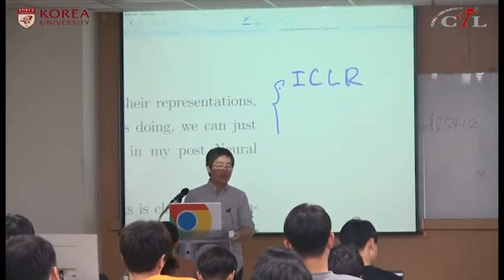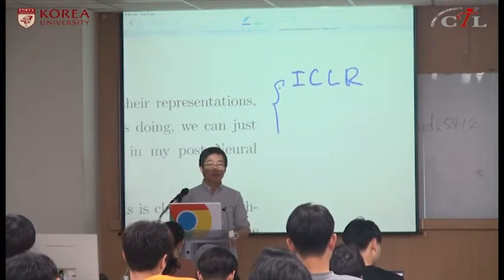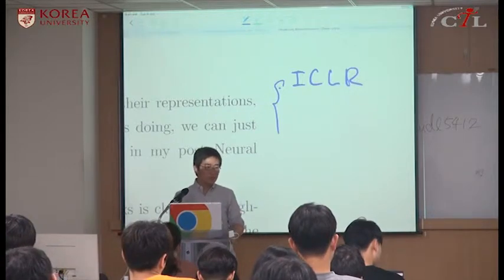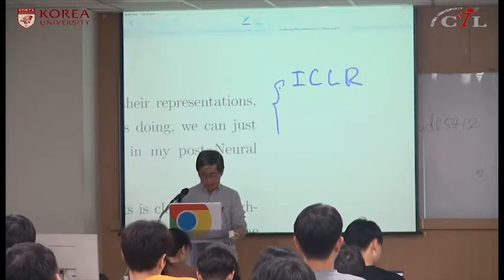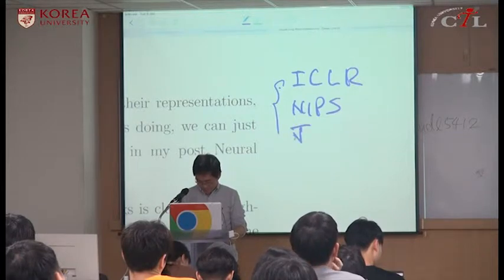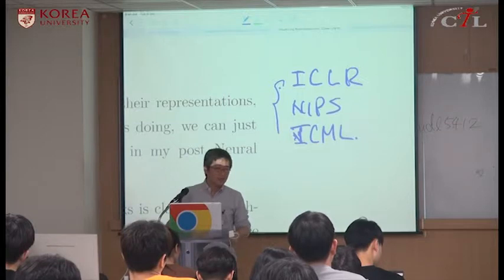Although there are many other neighboring conferences focusing on a particular application, such as computer vision or natural language and speech, just purely focusing on deep learning itself or machine learning itself, there are three major conferences, which are ICLR, NIPS, and so on. These are the major ones.